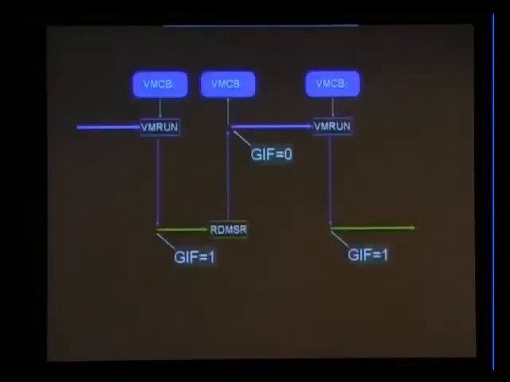There are some problems, though. It's not that trivial to implement this scheme. These white arrows show the places where the global interrupt flag should be modified by the CPU. This feature was new to the AMD architecture.